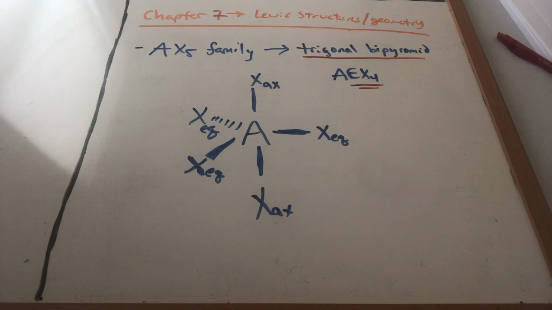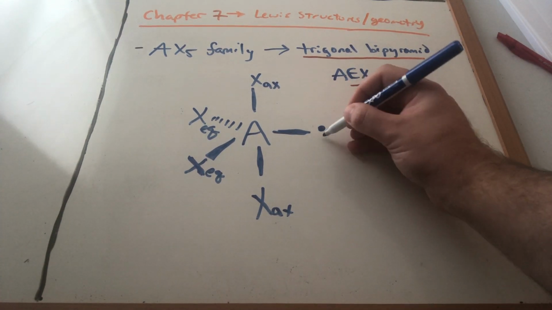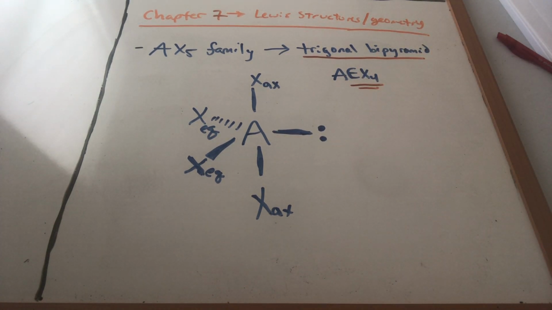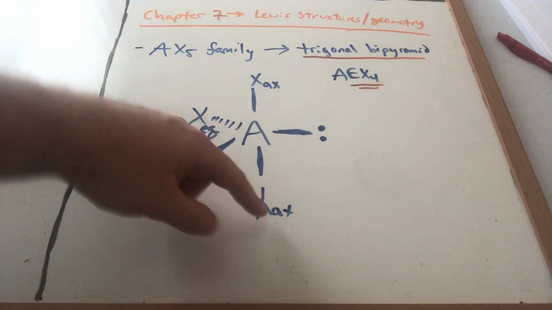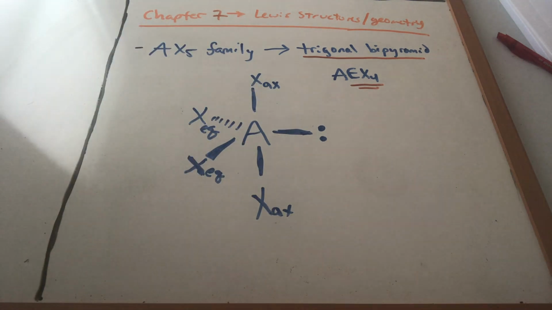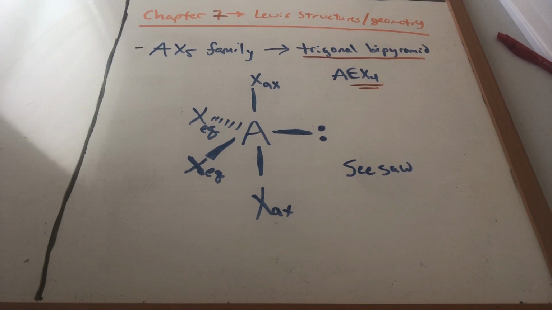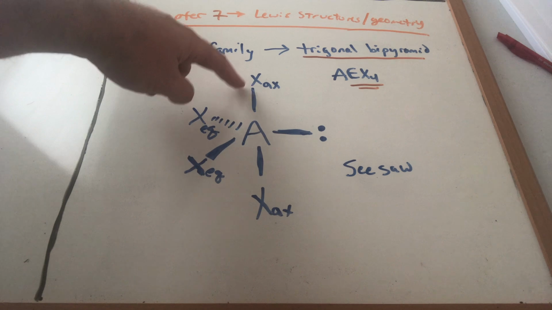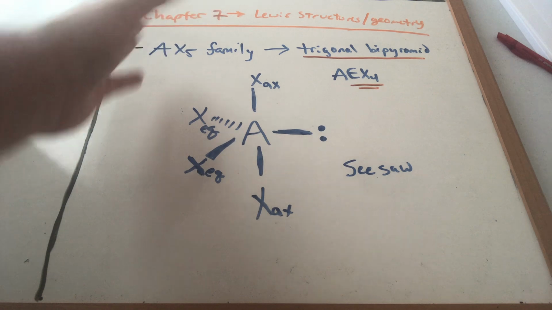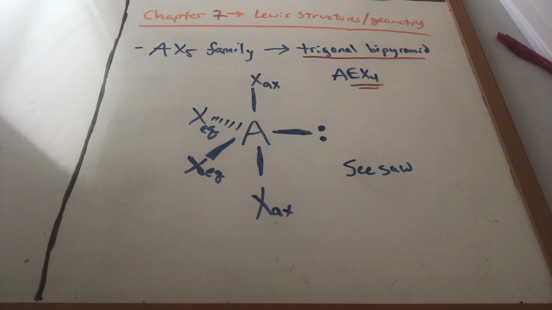But I also know that it's no longer a trigonal bipyramid, because one of these guys is replaced with a lone pair, and I replace the equatorial positions first. Now the actual geometry is based on what the atoms are. The atoms have this shape, which we call a seesaw. Because it looks like if somebody was sitting here and somebody was sitting here, they could kind of bounce back and forth, like a maximum here and a maximum there. It looks like a seesaw shape, okay?